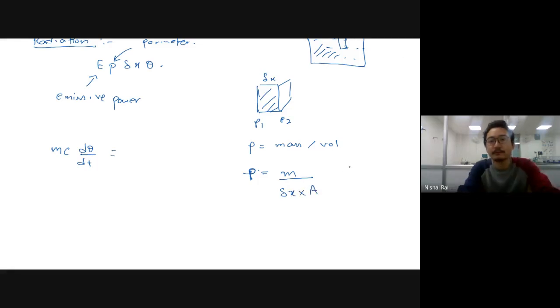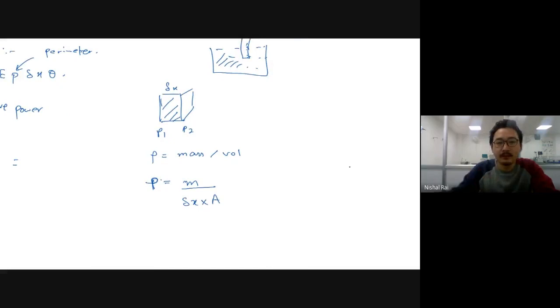This is your volume. You already know the area, this is your A, and if you multiply by the width δx, you will get the volume. Same thing we have done over here. So your mass will be ρ A δx.